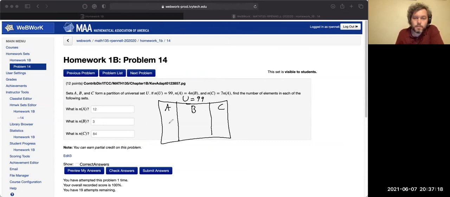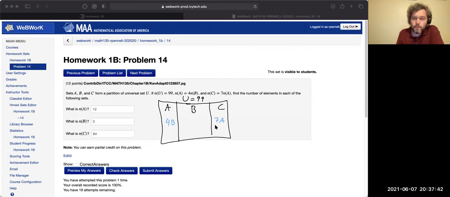Well, A equals 4 times B and C equals 7 times A. Okay. But they just told me that A equals 4 times B. They just told me that. So I could rewrite this as C is 7 times 4 B's.